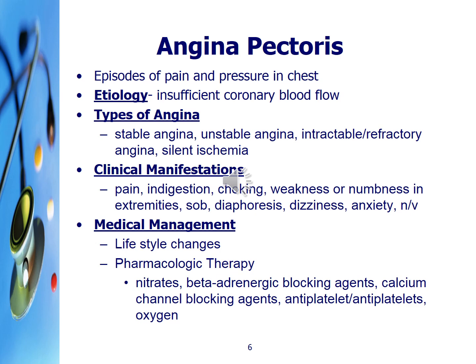The lifestyle changes include stopping smoking and avoiding exposure to secondhand smoke. The patient needs to lose weight. If a patient is diabetic, they need to make sure their diabetes is well controlled and that they're following a healthy diet and exercise plan.